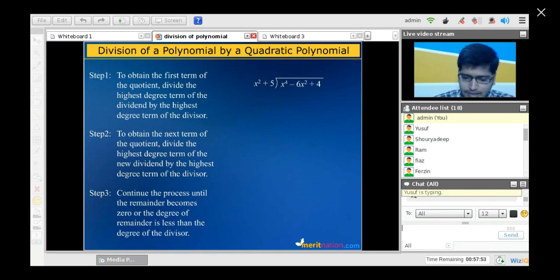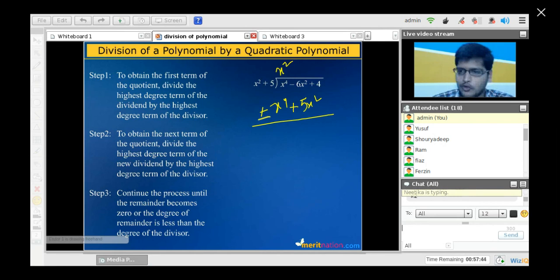That is nothing but x squared. X squared into x squared is x power 4 plus 5x squared. Now the sign changes. X power 4 minus x power 4 is 0, and minus 6x squared minus 5x squared is minus 11x squared plus 4.